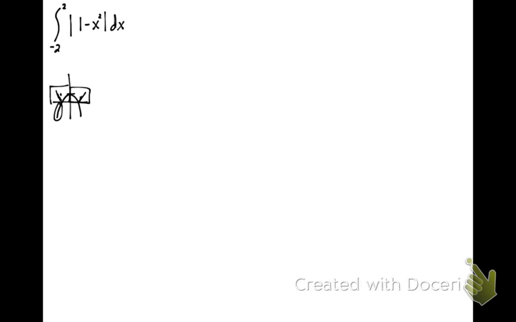So I'm going to look at only half of this, from 0 to 2, and I'll double my answer. So I'm going to look at 2 times the integral from 0 to 2 of the absolute value of 1 minus x squared dx.